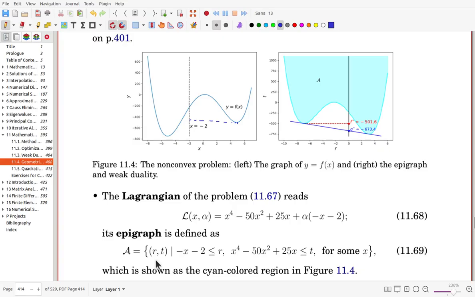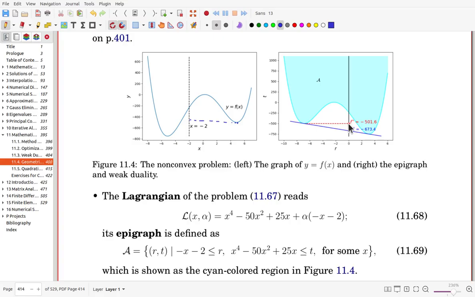And then, for that one, after eliminating the variable x, now here we have such an area, the cyan colored region, and then now here the left hand side will be the feasible zone. So that once you try to project this feasible zone to the t-axis, then from here you have this value.